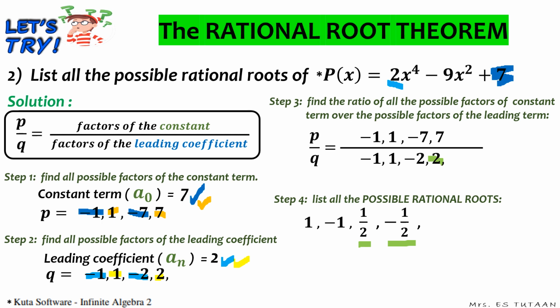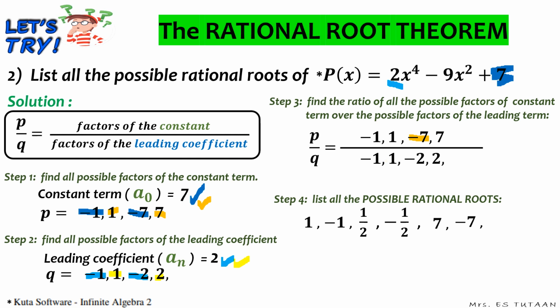So, next, sunod tayo sa ating factor ng constant term, which is negative 7. Negative 7 divided by negative 1, that will give us positive 7. Then, negative 7 divided by positive 1, that will give us negative 7.